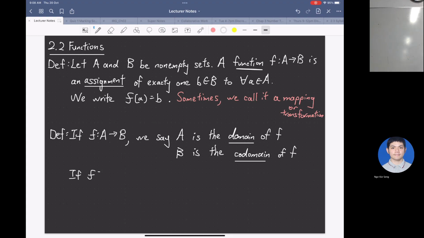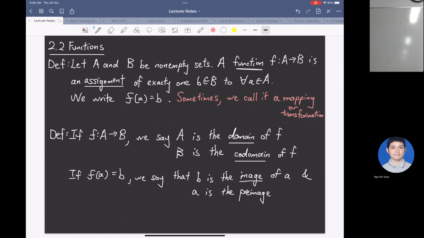If f sends the element a to b, we say that b is the image of a, and also a is the pre-image of b. Depending on what object you're interested in. The image is in the codomain, and the pre-image is in the domain.